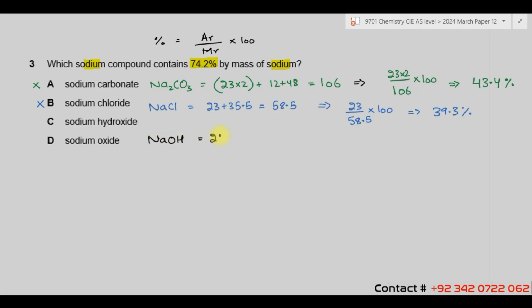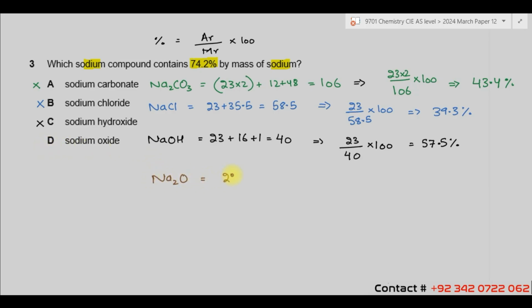Then we have sodium hydroxide. So 23 plus 16 plus 1 is equal to 40. 23 atomic mass of sodium divided by total 40 into 100. This is equal to 57.5%. So incorrect. Then we have sodium oxide, Na2O.